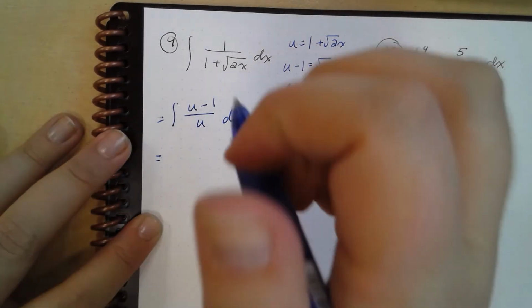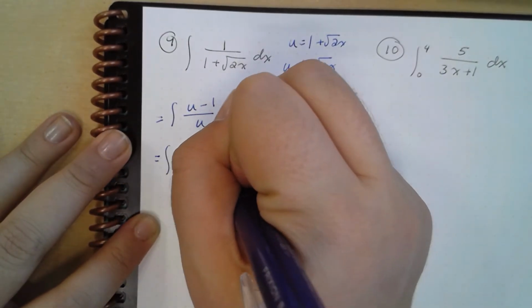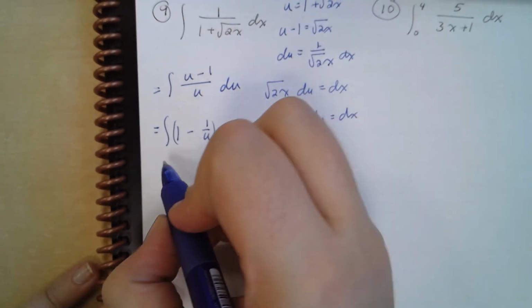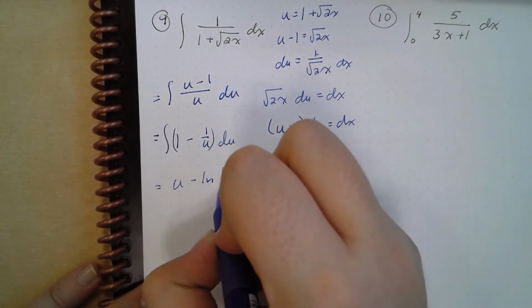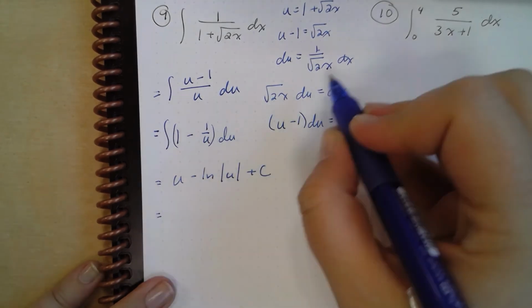Well, we can simplify that. So now we have the integral of 1 minus 1 over u du, right? That's even easier to integrate. So now once we integrate this, we've got u minus the natural log of u plus c. So now I can just substitute back in.